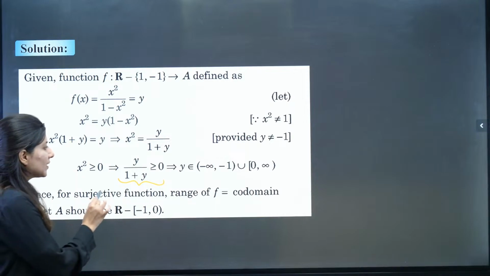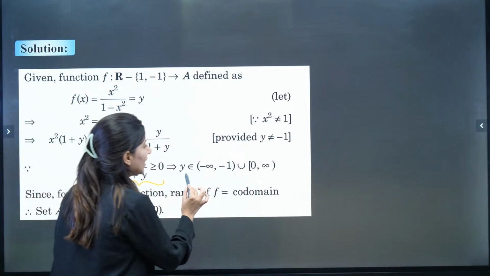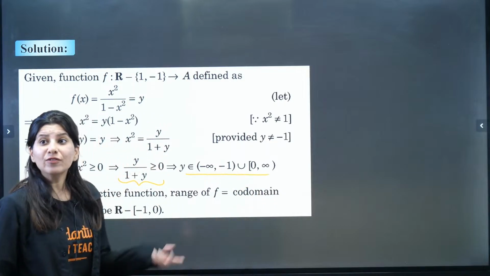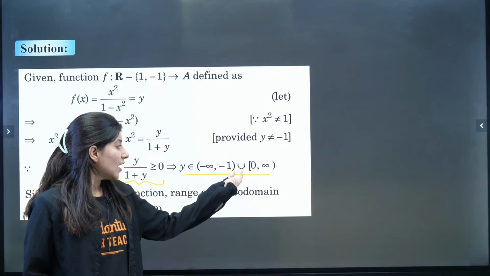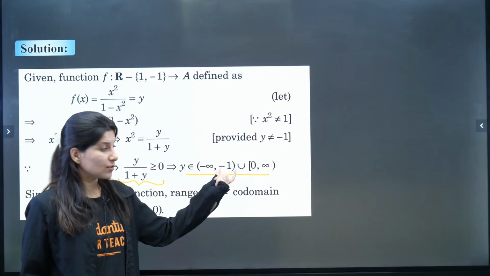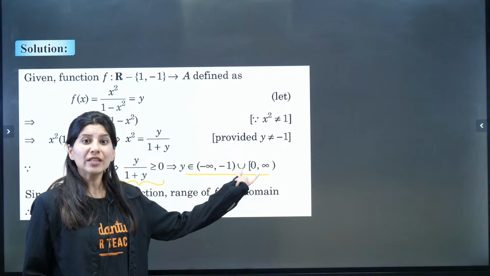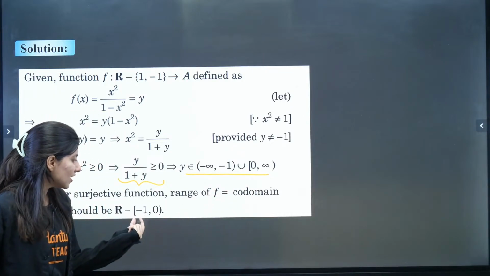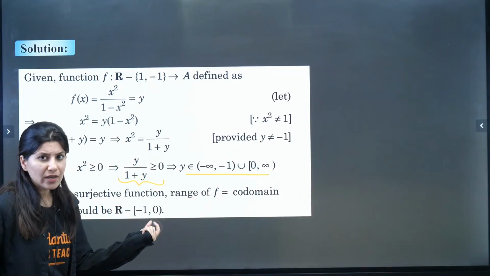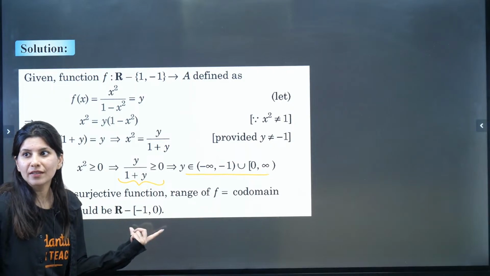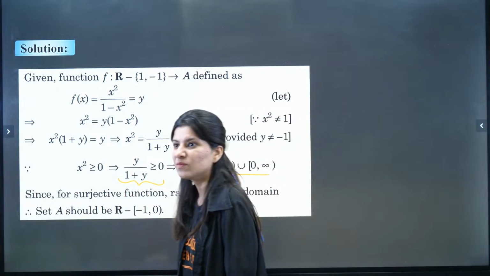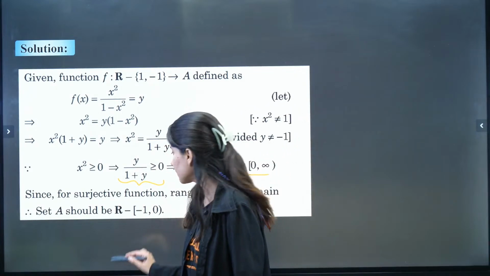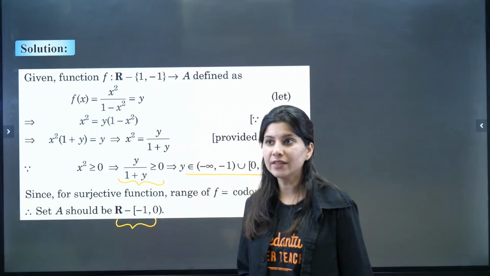So y is this. That means we have to remove minus 1, we have to keep 0. So minus 1 we are removing, that's why close bracket. 0 we are not removing, that's why open bracket. Okay, all right. Clear? I hope that this is clear.